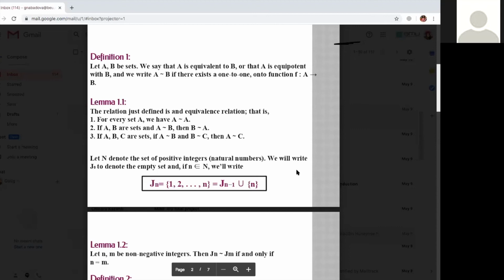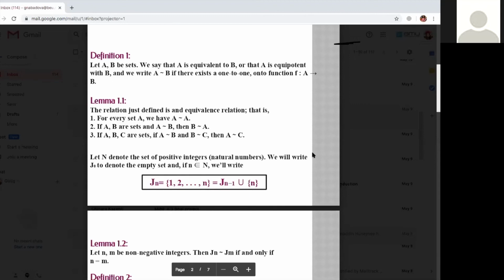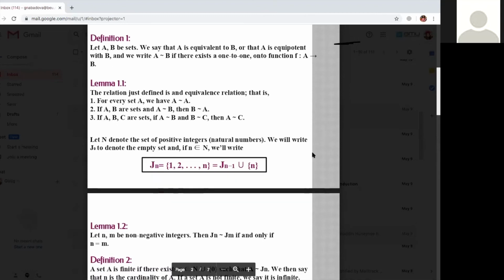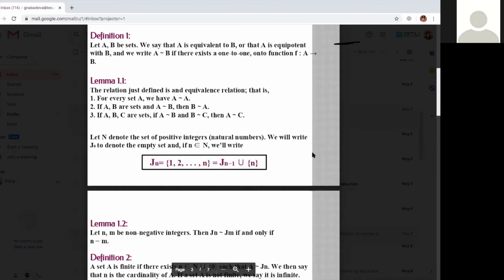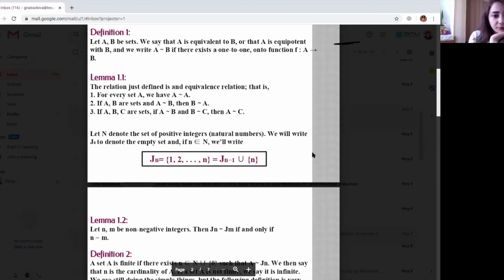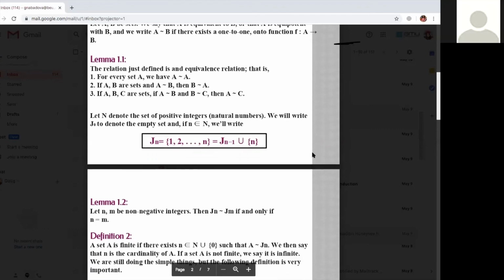Let A and B be sets. We say that A is equivalent to B, or that A is equipotent with B, and we write A ~ B if there exists a one-to-one onto function. The relation just defined is an equivalence relation.